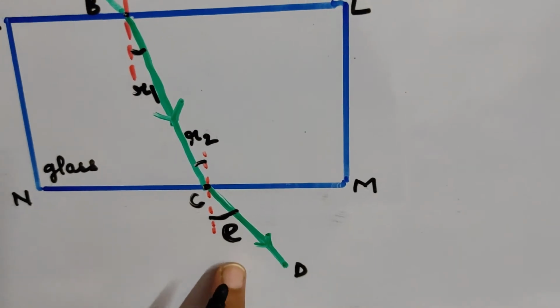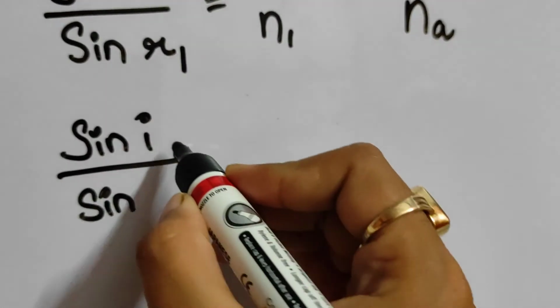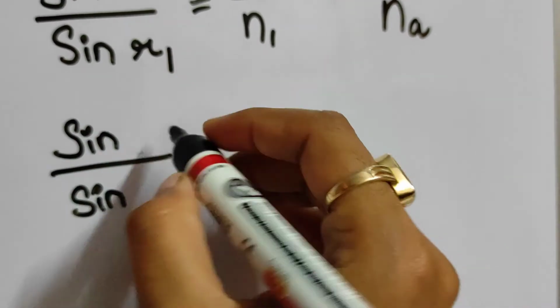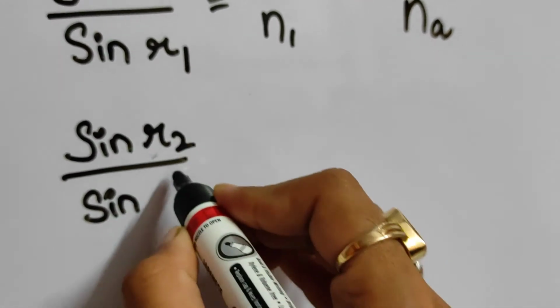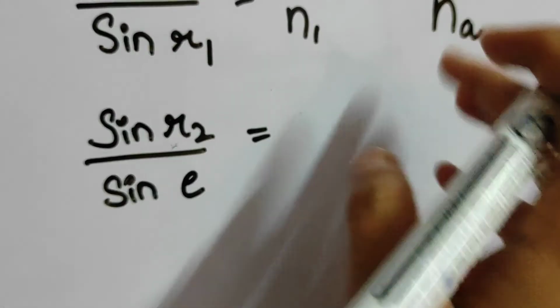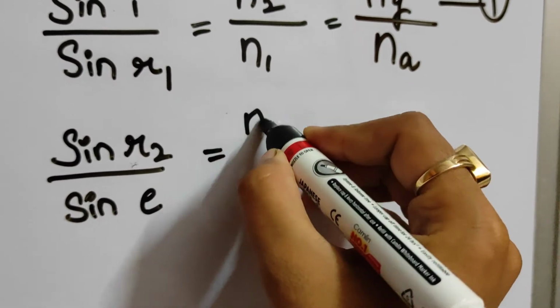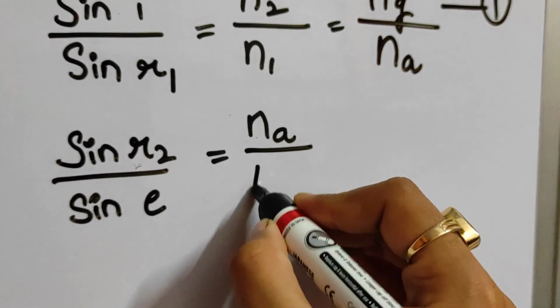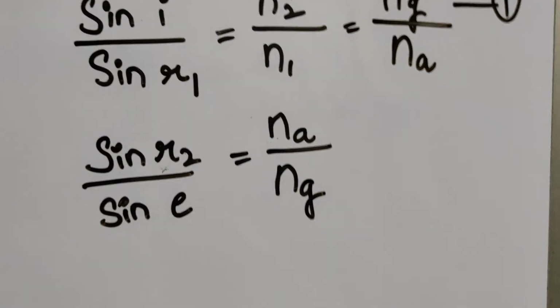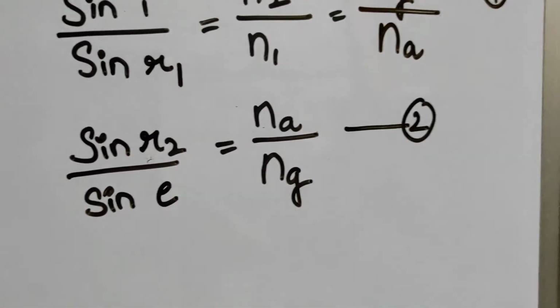And this angle is the angle of emergence e. So here it will become sine r2 upon sine e, which is equal to n2 upon n1, where n2 is now air and n1 is the refractive index of glass. Let us denote this as 2.